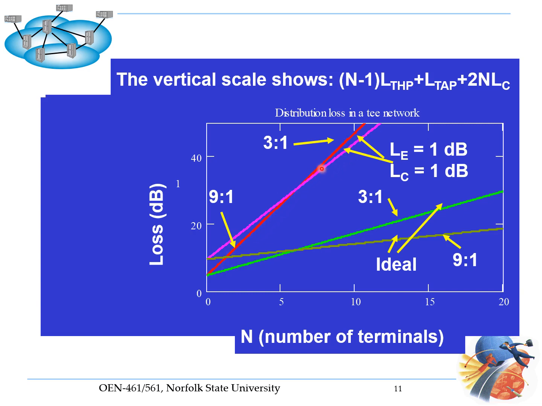The red one is for the case of 9:1 splitting ratio, and the magenta one is for the splitting ratio 3:1. As we can see, if we add extra losses such as excess losses and connector losses, the losses increase more steeply, but the dependence itself is still a straight line.